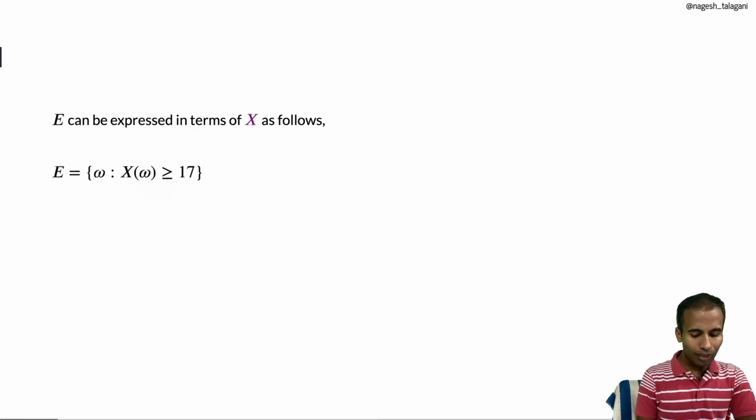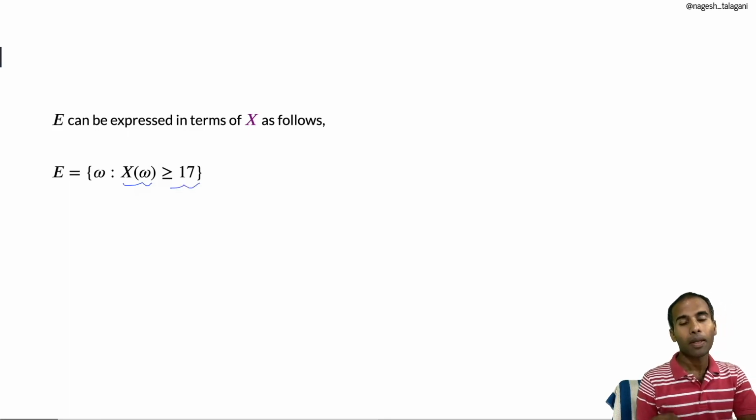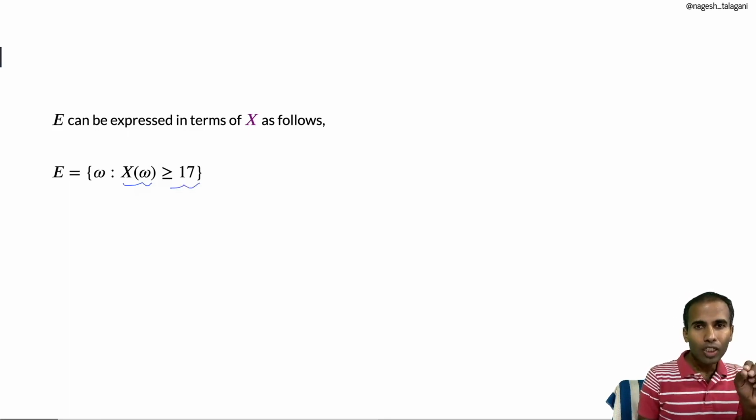E consists of all outcomes for which this numerical characteristic is greater than or equal to 17. At least one of the numbers in the selection is greater than or equal to 17 if and only if the maximum of the selection is greater than or equal to 17. That's why we can precisely describe E in terms of X like this.